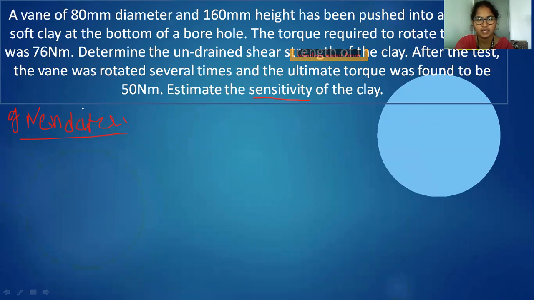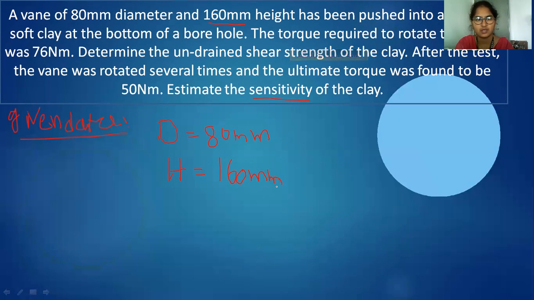Vane of 80 mm diameter, so diameter D is equal to 80 mm, and height H is equal to 160 mm.